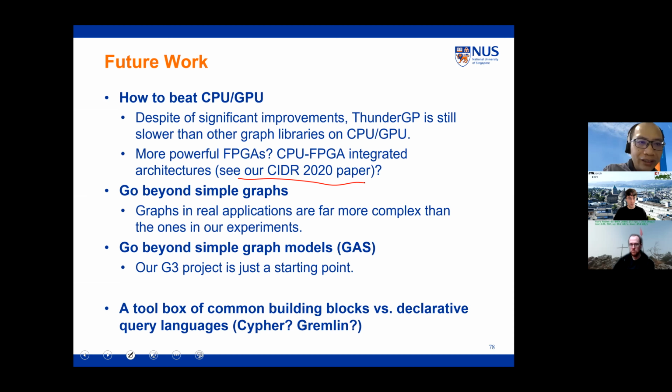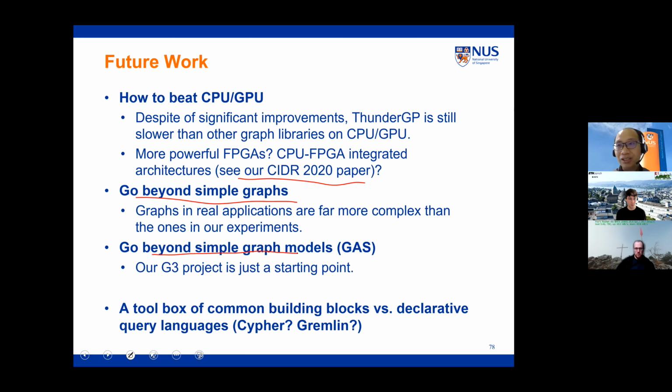On the other hand, we also go beyond simple graphs. Particularly in the fraud detection projects, we are not just looking at the graph structure, but we also need to look at the properties on the edges and the vertices, and also the dynamics of those properties. And we also need to go beyond the graph model.